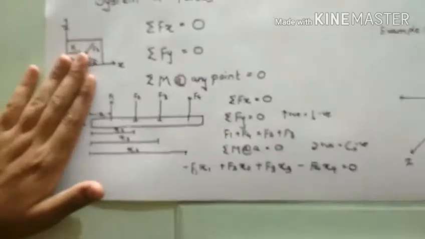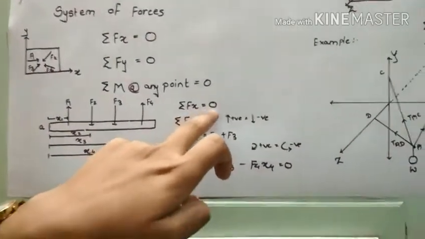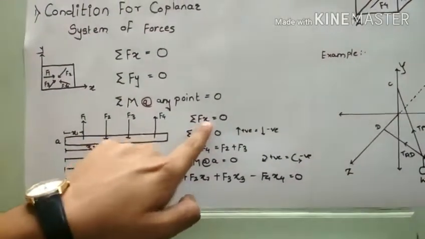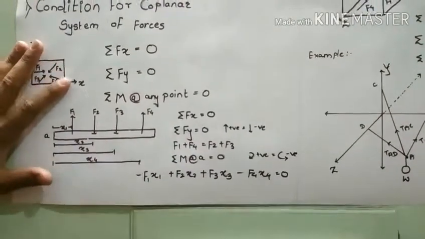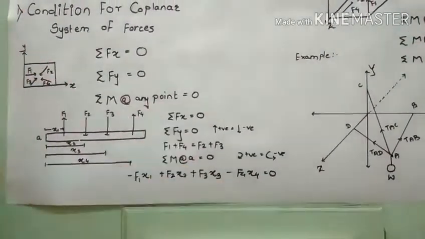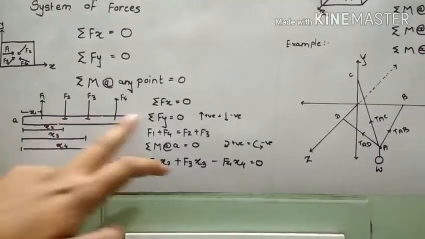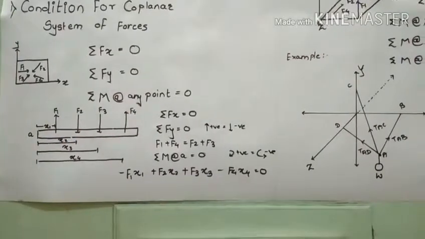For this condition of equilibrium, the summation of Fx should equal 0. What is meant by summation of Fx? That is, all forces in the x direction should sum to 0. As we see in this diagram, there is no force in the x direction, so the summation of Fx is already equal to 0.